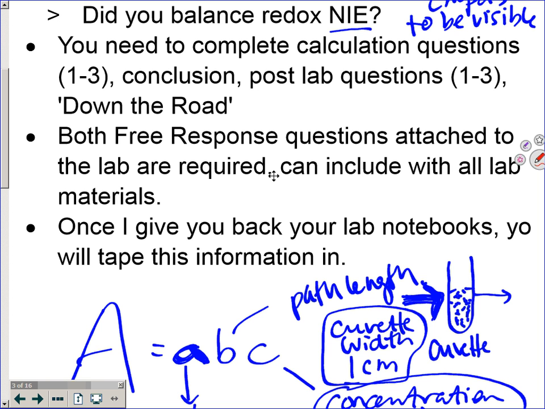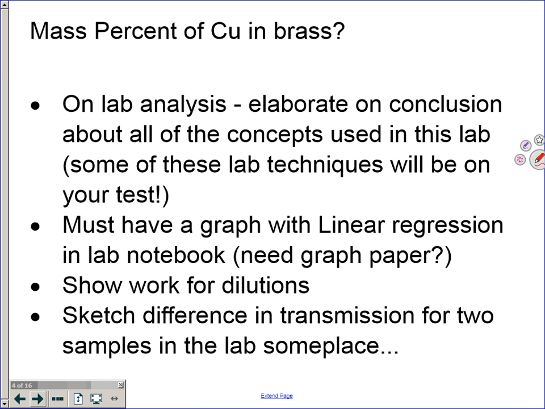The free response questions attached to the back, do you see it says 2003 free response? It's the last page. I think those are fantastic to practice your Beer's Law. They might really help you on your test. Do try to include those in your lab materials, like an extra analysis question. And then I'll give you your lab notebooks back Monday.